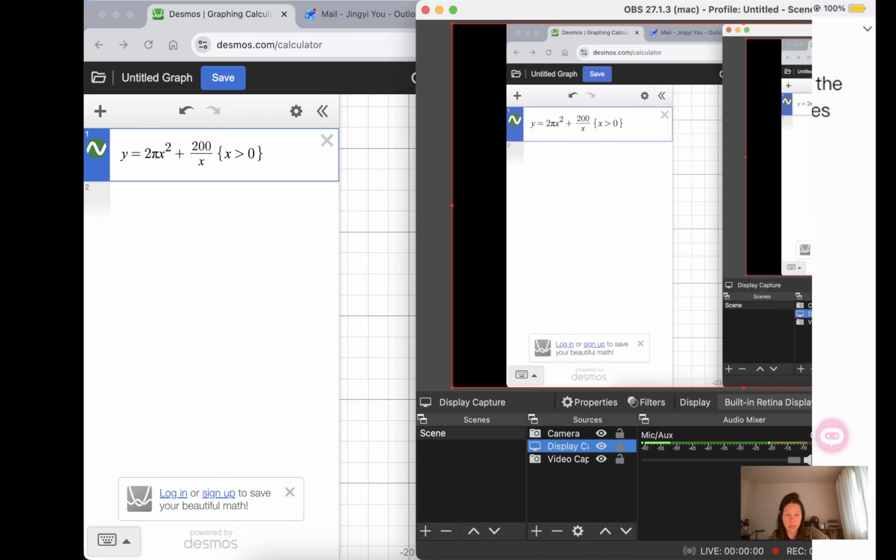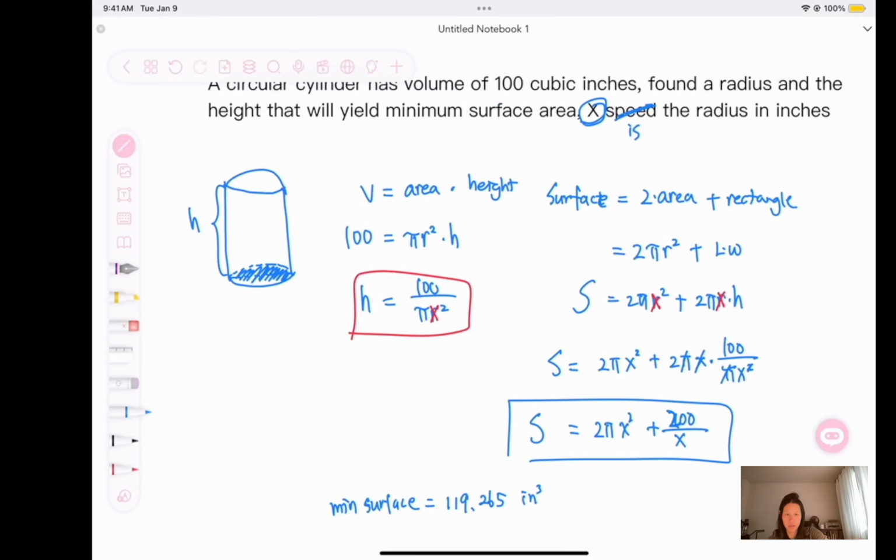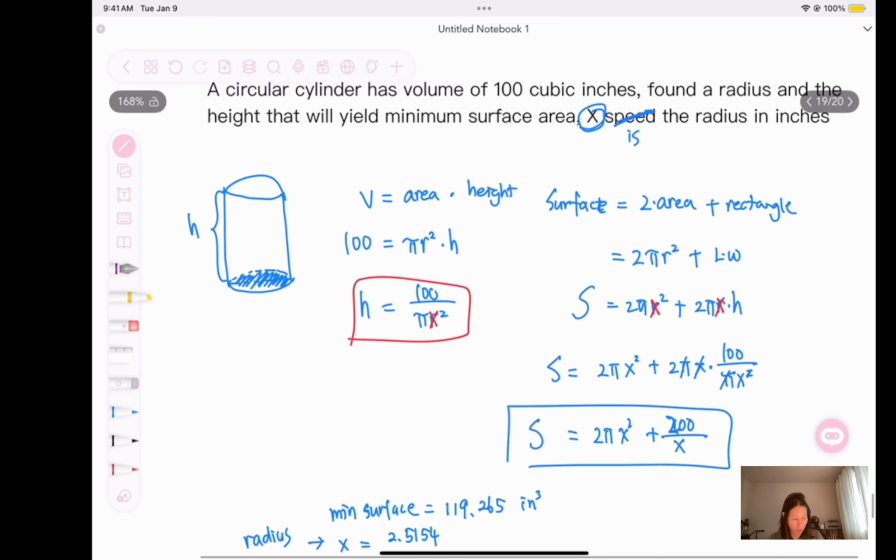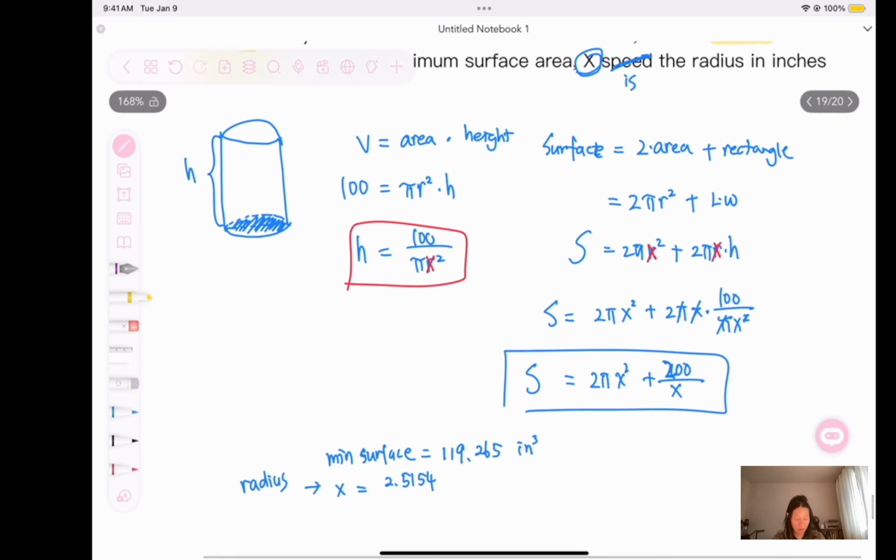And then, x is equal to 2.5154. Remember that this is the radius. But look at what we're trying to find. They want you to find the radius and the height that would yield the minimum surface area. The function tells us the surface, S for surface, and x is the radius.